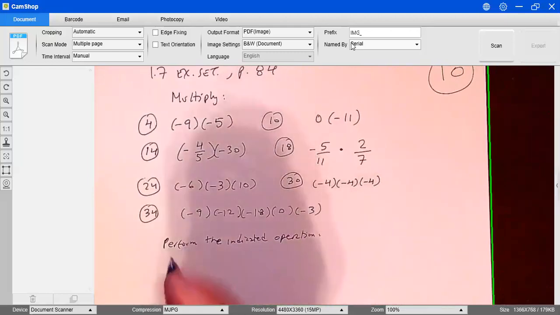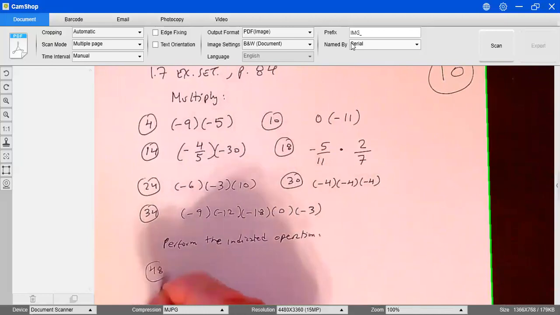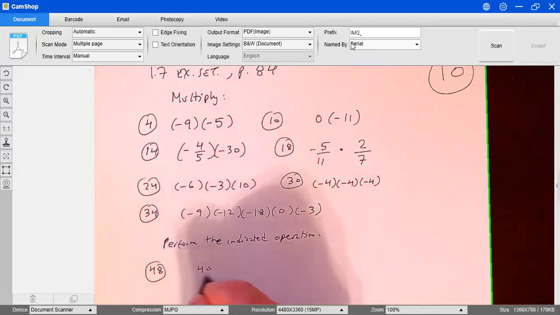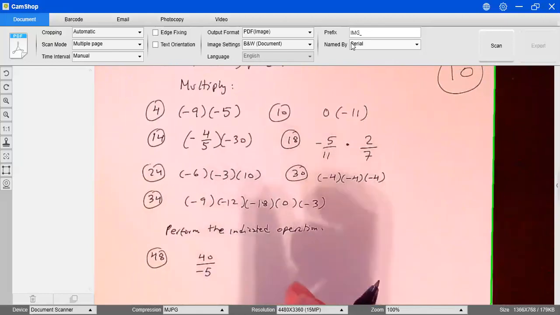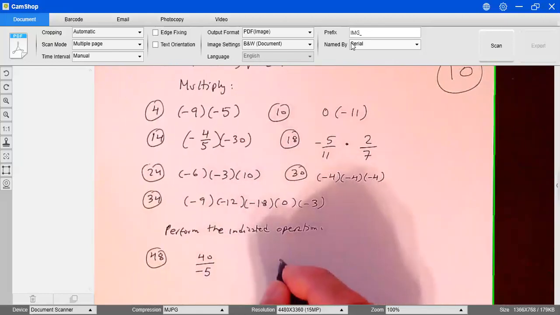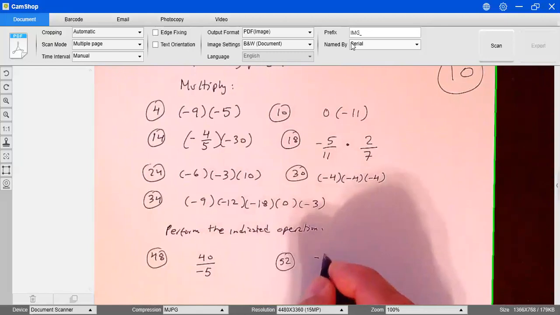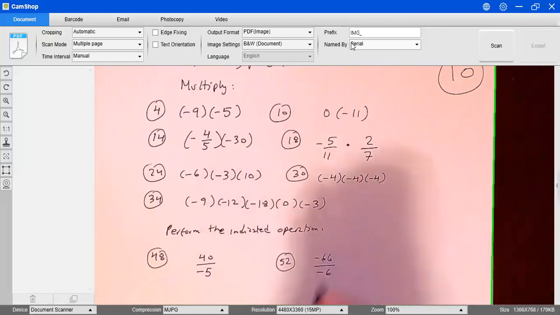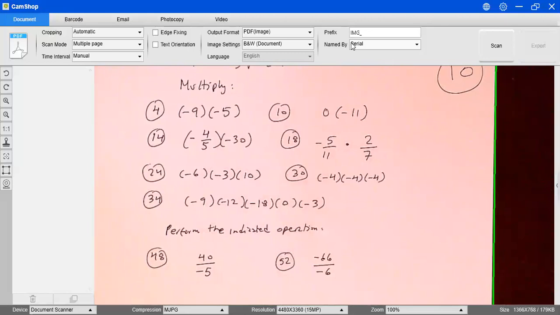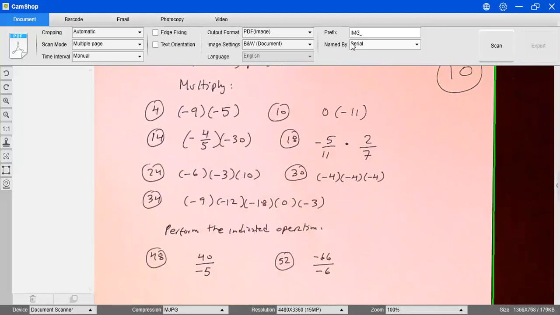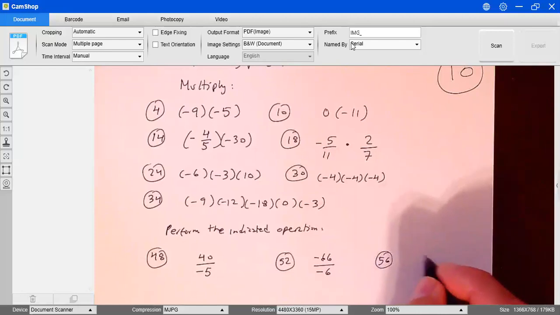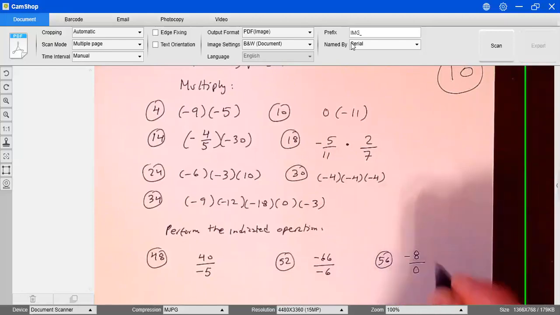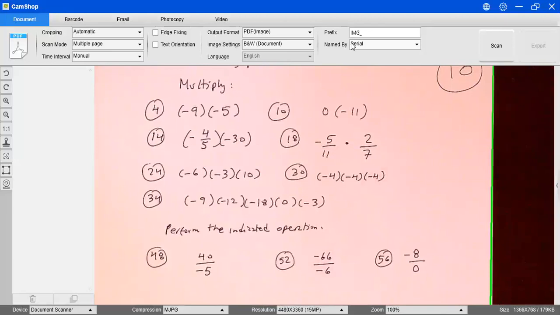So we have 48, which is 40 over -5. Then we have 52, -66 over -6. And then we have 56, -8 over 0.